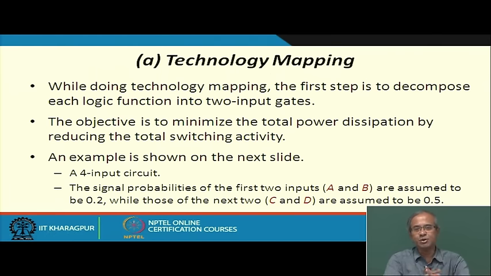See, what is technology mapping? During logic synthesis, so what is logic synthesis? Given a specification, I want to generate either a gate level or a cell level circuit. Technology mapping means I have a library where some standard cells are already present, maybe 2 input gates, multiplexers, this kind of things.